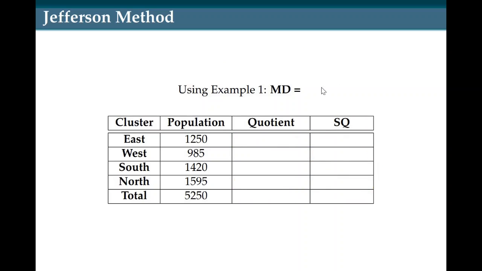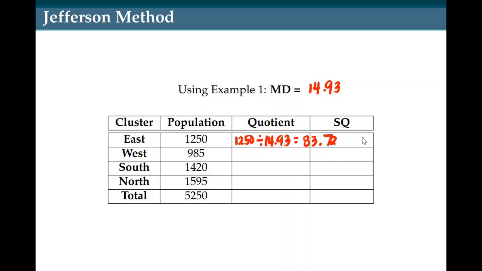So let's try 14.93. So 1,250 divided by 14.93 will give us 83.72.